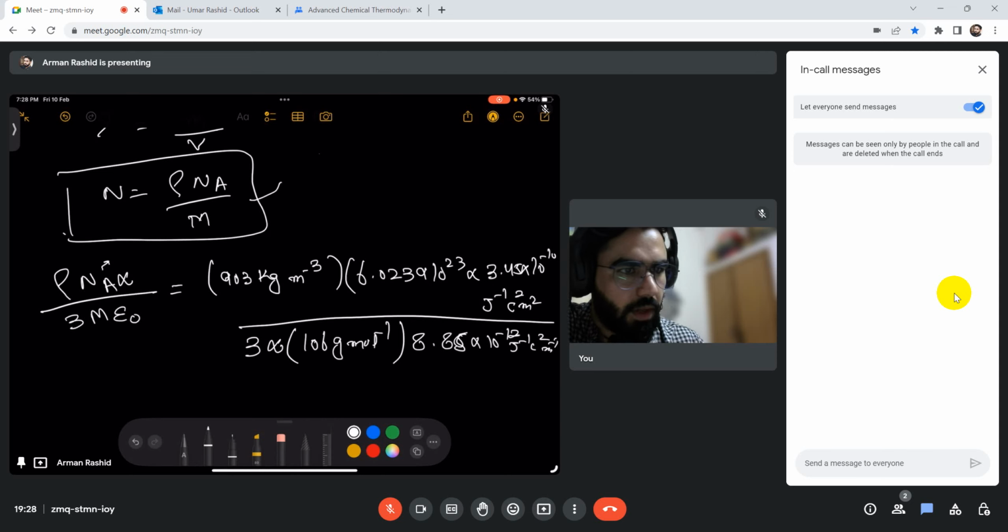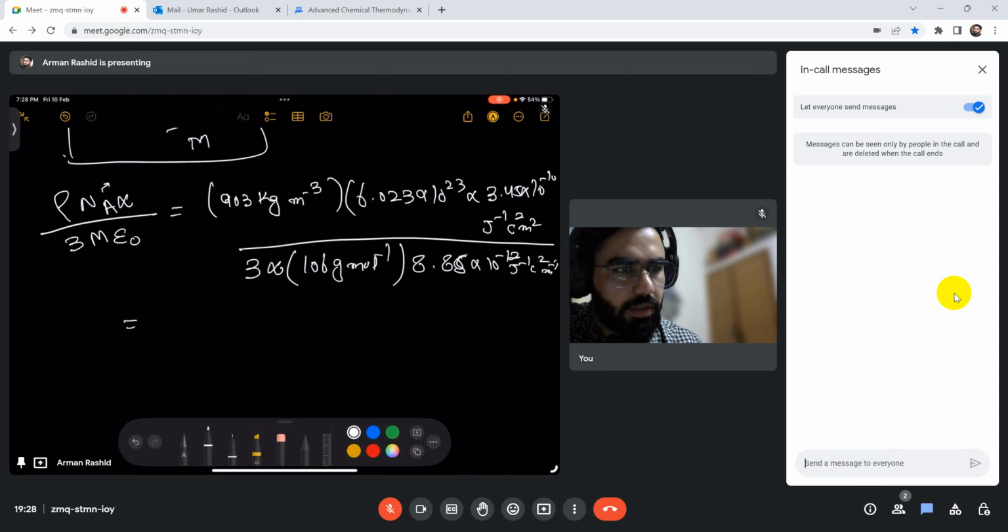If we compute this, we get 6.67 × 10^-2.